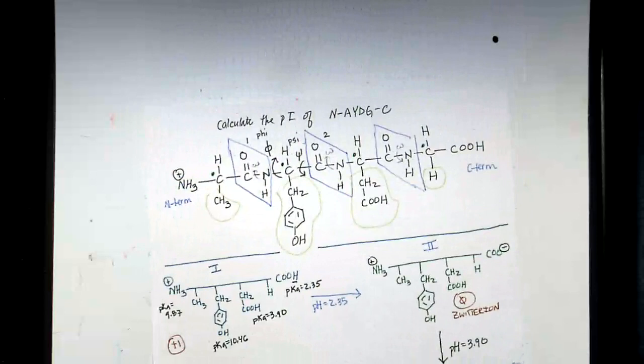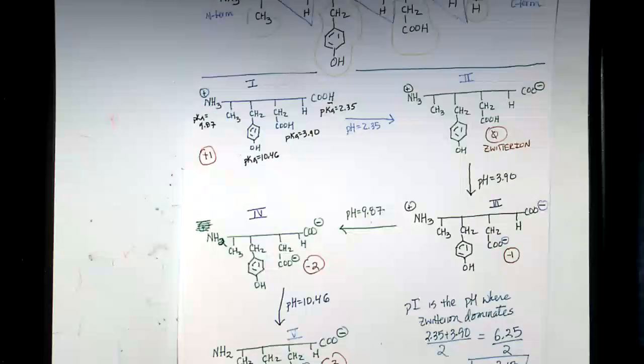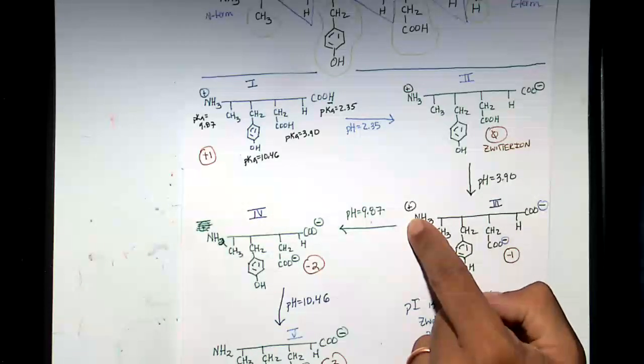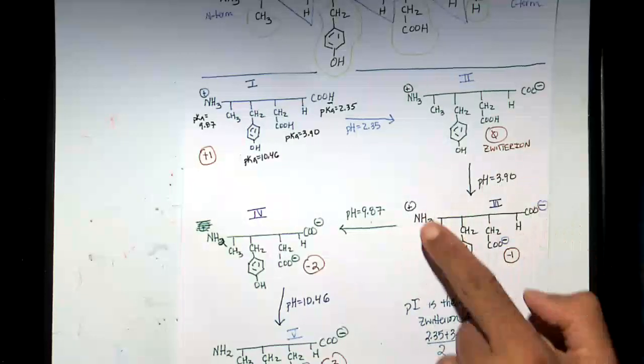Right, what form of AYDG is dominant at physiologic pH 7.2? What do you think? At 7.2, this is still protonated. This is off. This is off.